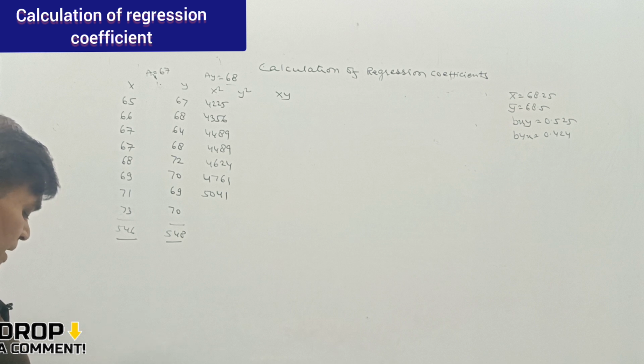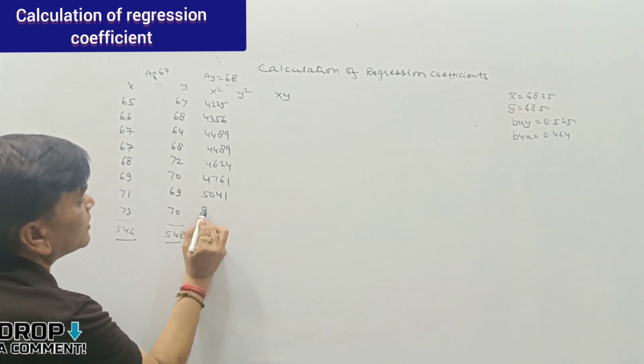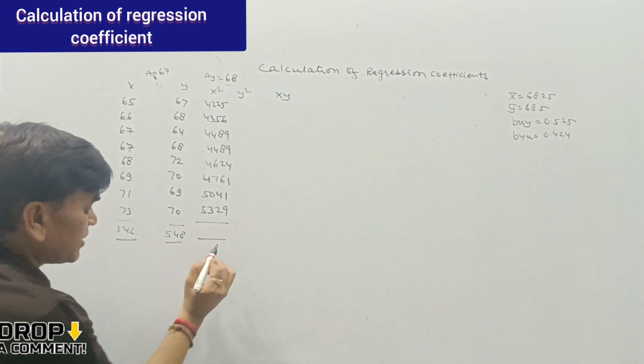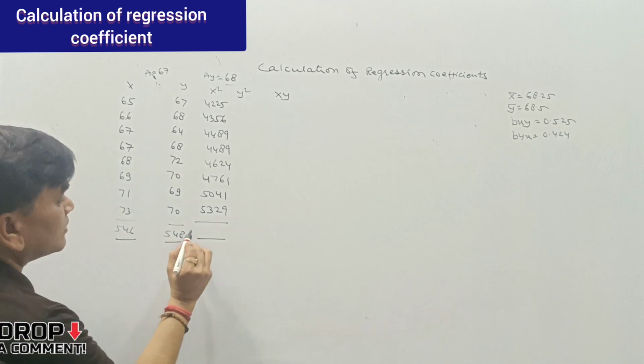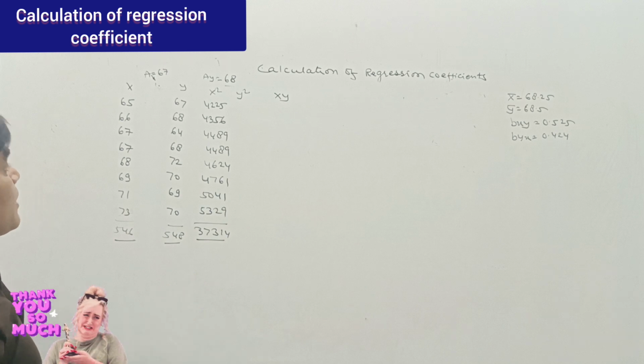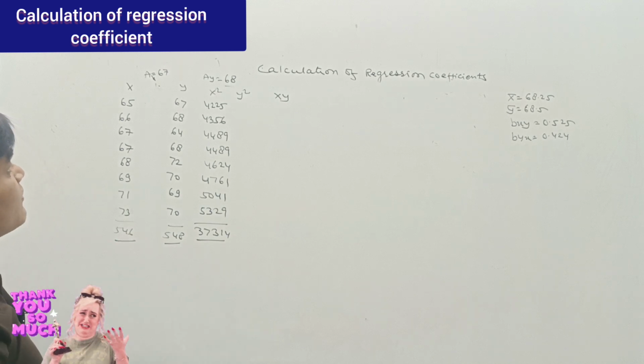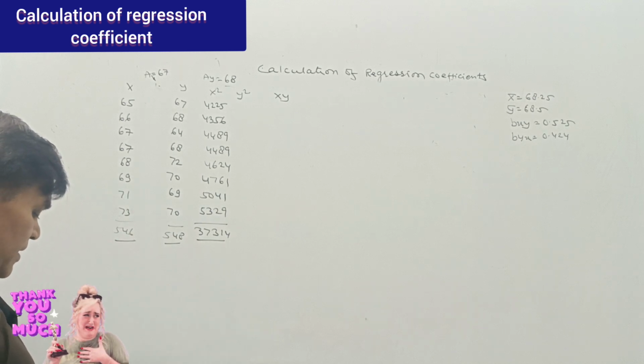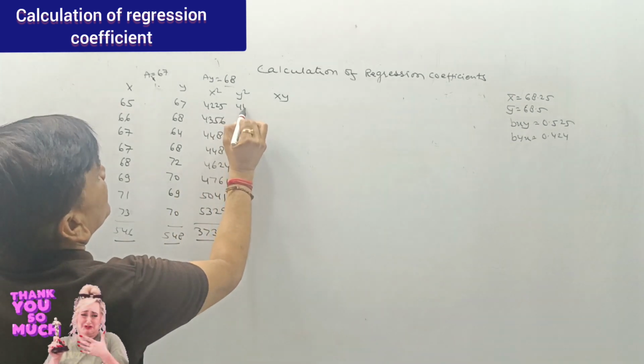And 73 multiplied by 73, that is 5329. So the addition of this will be 37314.